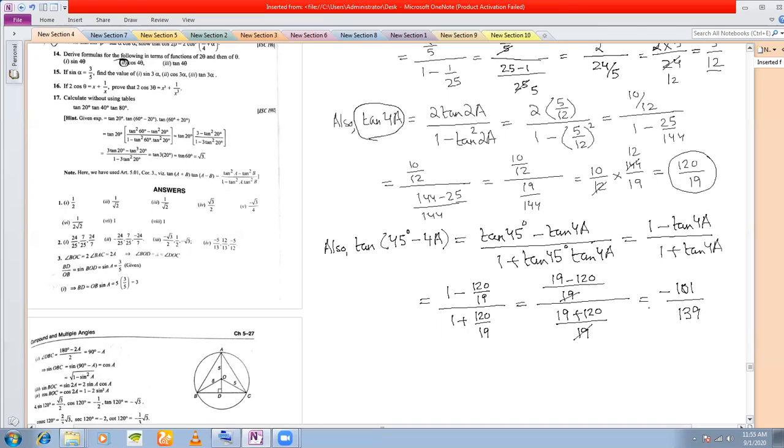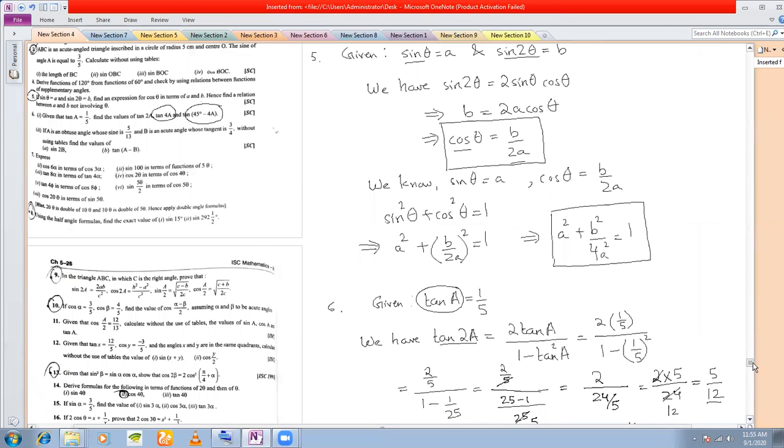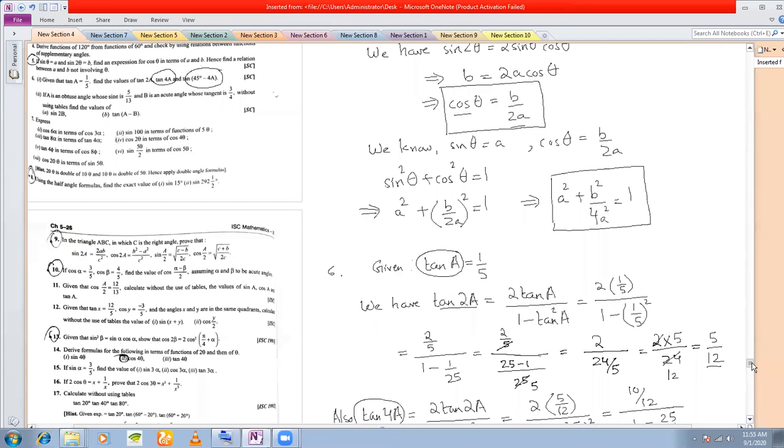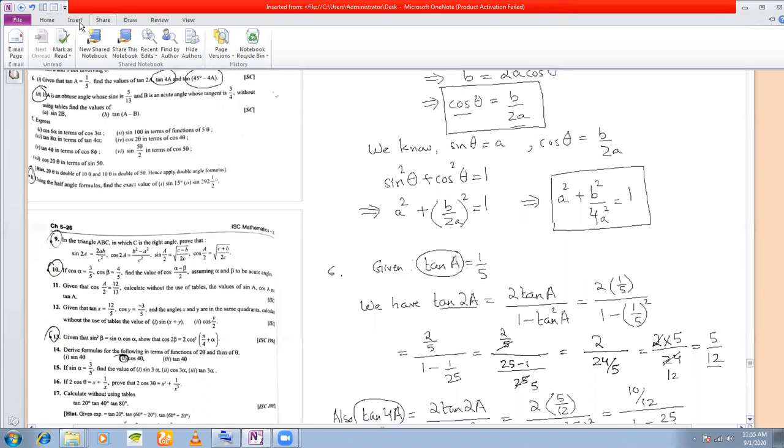The value of tan 45 degree minus 4A is minus 101 by 139. So this one is done. We now do 6-2. If A is an obtuse angle, let me just erase this.